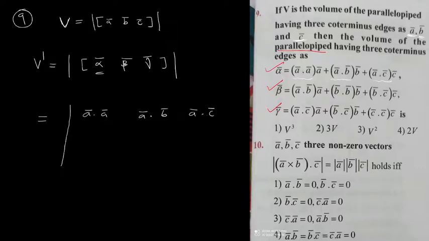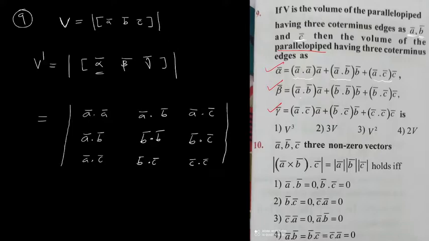This is the coefficient of the first vector. Next for beta bar as the second row: A bar dot B bar, B bar dot B bar, B bar dot C bar. Next for gamma bar, third row, writing coefficients of A bar, B bar, C bar: A bar dot C bar, B bar dot C bar, C bar dot C bar.